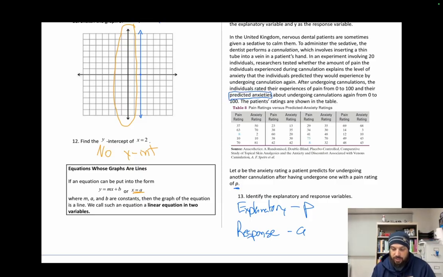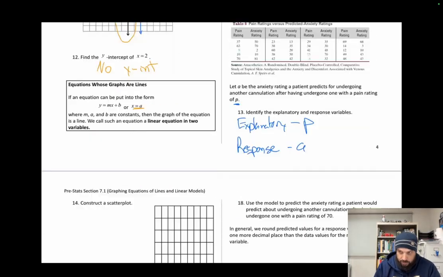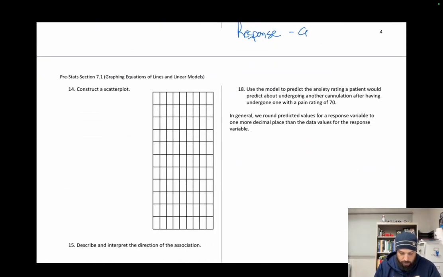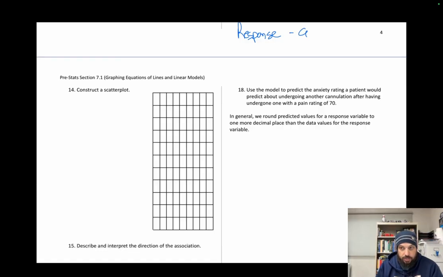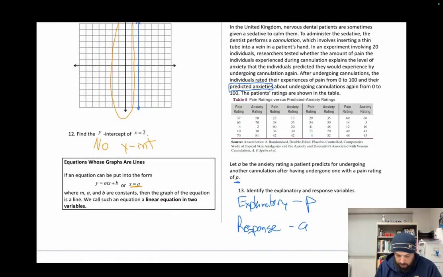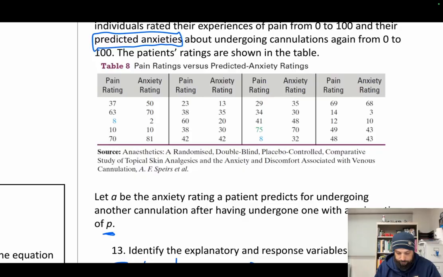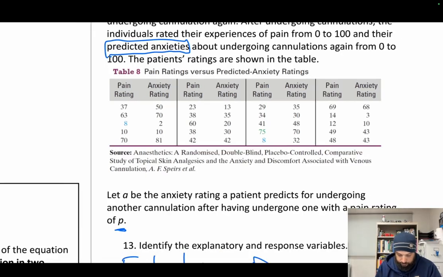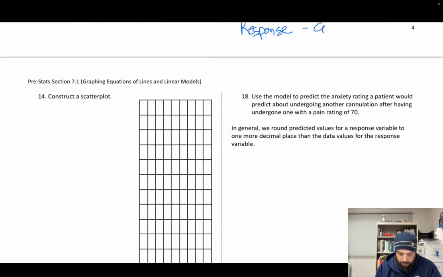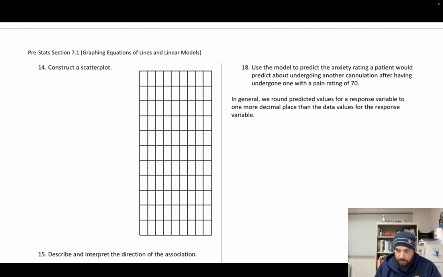That's what we're trying to predict off of our data. And then off of this, we are going to construct a scatter plot using this table right here. So I'll give you a minute to set that up, try your own hand, and then I'll talk through it.